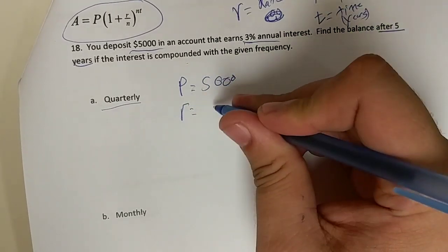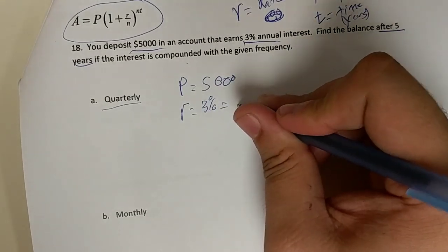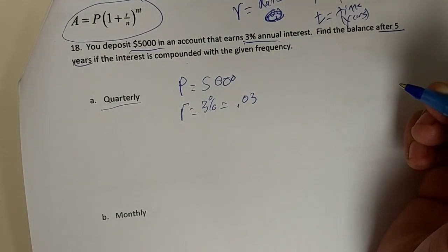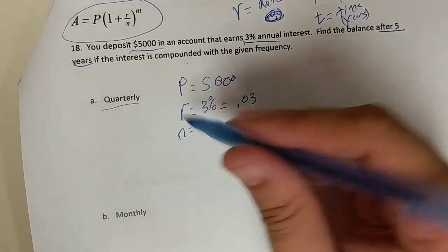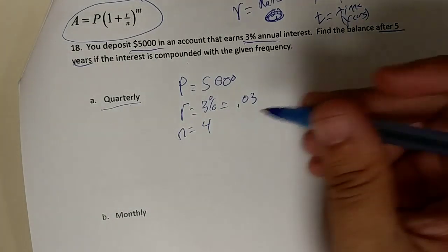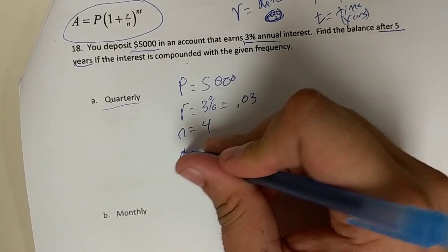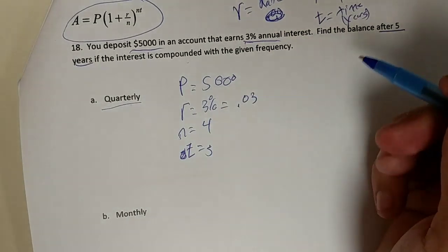My rate is the percentage, so it's 3%, but I need to change that to a decimal, so 0.03. My N is how many times a year? Quarterly, think of a quarter of a dollar, so that's 4 times a year. And how many years was that? Well, time. So how many years is that? 5 years. That's from here.